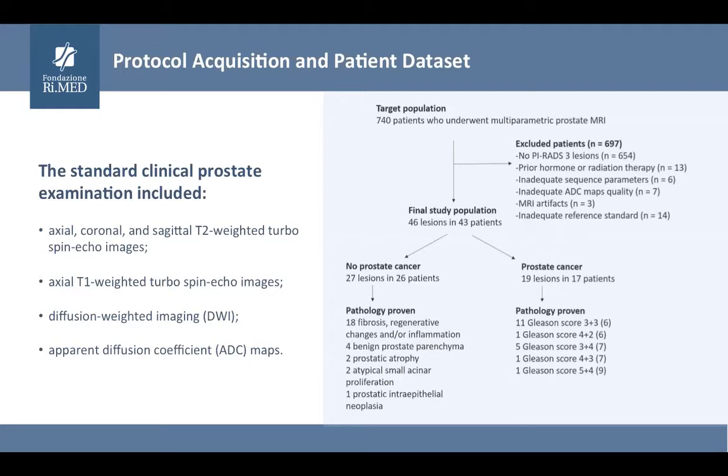The standard clinical prostate examination includes axial, coronal, and sagittal T2-weighted turbo spin echo images of the prostate, axial T1-weighted turbo spin echo images to exclude the presence of hyperintense post-biopsy blood residues, and diffusion-weighted imaging. Diffusion-weighted imaging sequences were post-processed to obtain the apparent diffusion coefficient maps. Histological examination identified the absence (0) or presence (1) of prostate cancer.